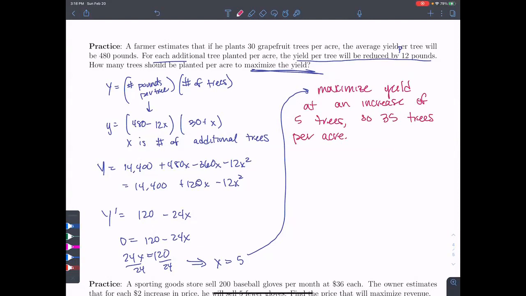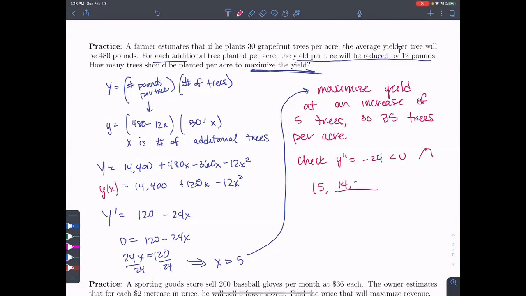If we check this, y double prime is -24, which is always less than 0, so this is going to be a maximum. So an increase by 5 gives us, go back to y of x and figure out what happens when you plug in 5.